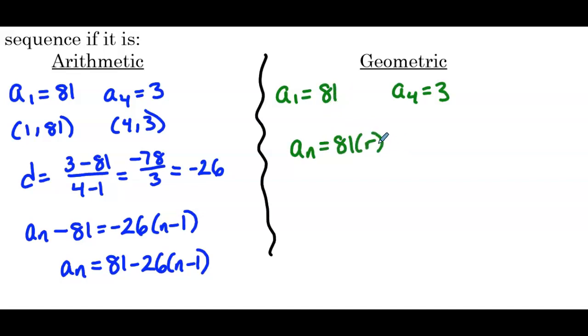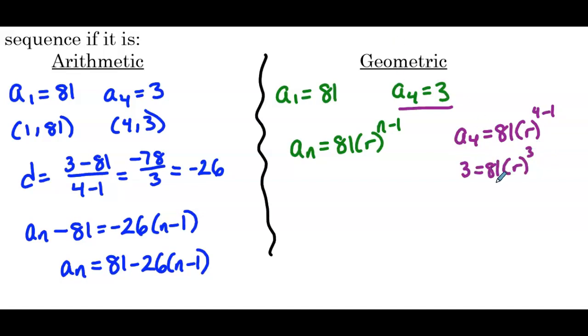Don't know what that common ratio is, to the n minus 1, because we're using the first term. Now to find the common ratio, we can use the other point that we've been given, which is the fourth term is equal to 3. So a sub 4 equals 81 times r to the 4 minus 1. So the fourth term is 3, so 3 equals 81 times r to the third.